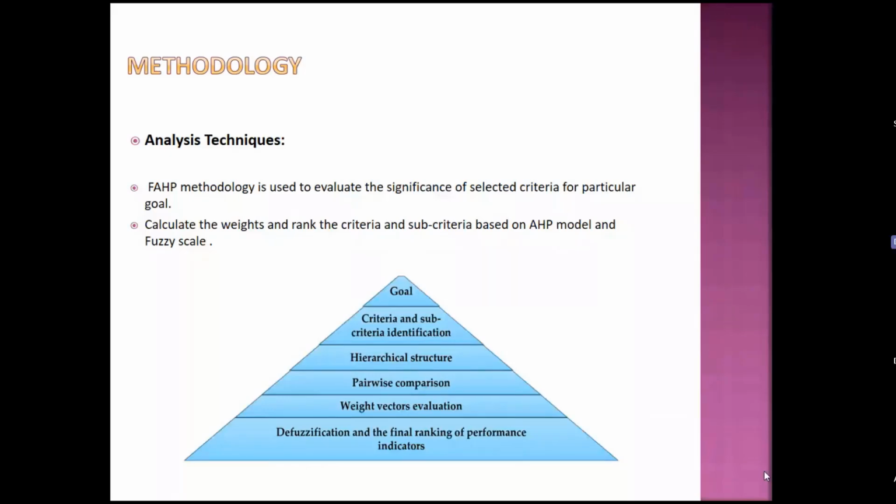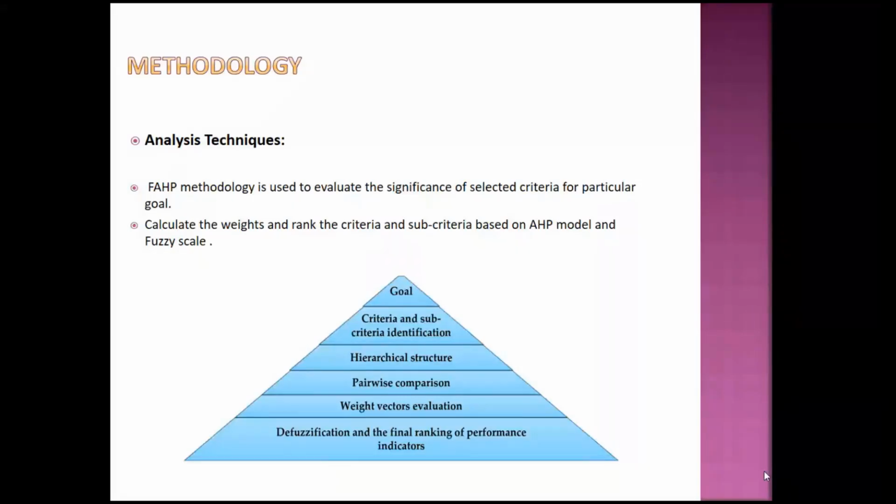Here we can see in the figure that first we set our goal, then we have criteria and sub-criteria identification. Then there is a hierarchical structure in which we arrange these criteria and sub-criteria. Then we perform pairwise analysis on the software. I will show you how we perform it based on the responses on a particular questionnaire scale. Then we measure the weight vectors evaluation.